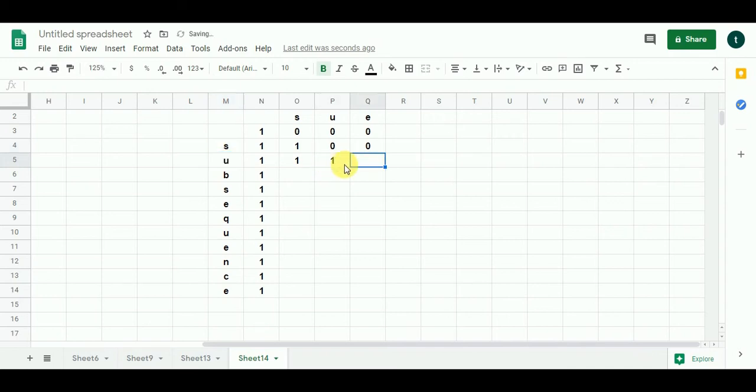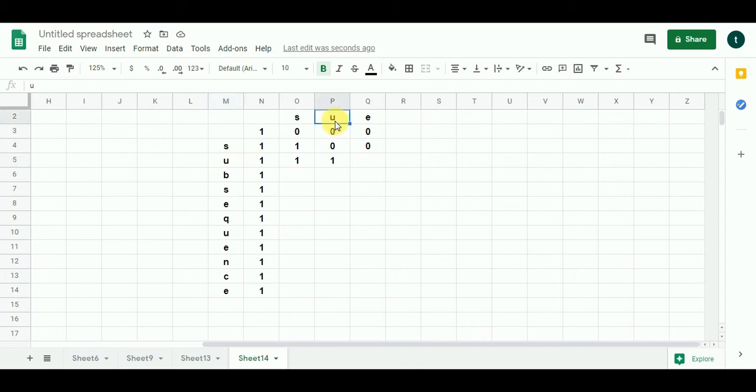From where did this 1 come from? The 1 came from here. All right, so already S was appearing in S. I added U to it, and here also 1 U got added. All right, so this makes it sure that SU appears in SU, because this U matched with this U.